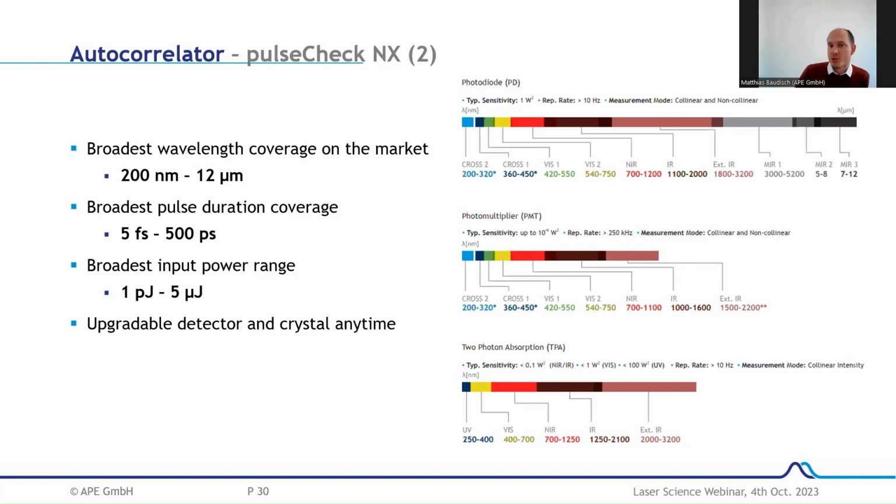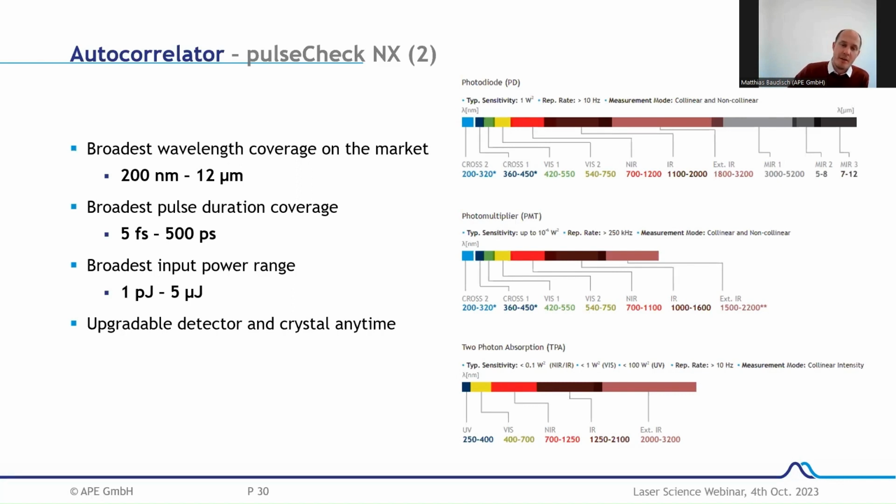What is also crucial to know is that they are upgradable. For example, if you now have a Sapphire laser in your lab, you buy a certain autocorrelator with an optic set and you measure your Sapphire laser. But then in the future, maybe your colleague in the other lab gets another laser at a different wavelength, or you want to put an optical parametric oscillator behind it, or harmonic generation. You don't have to buy a totally new device.